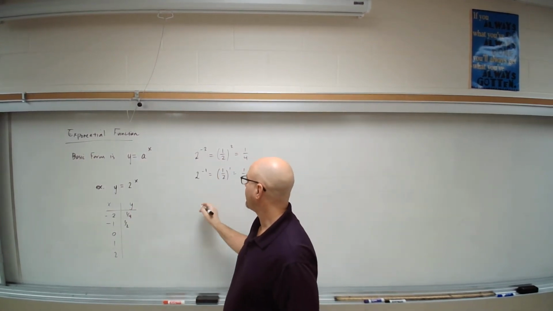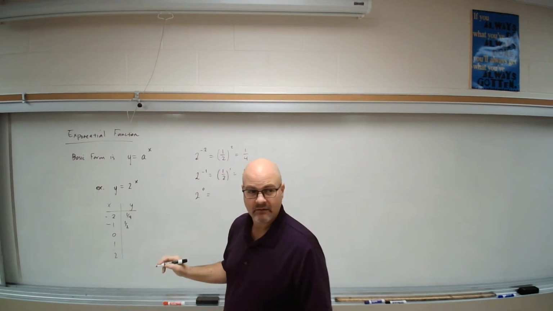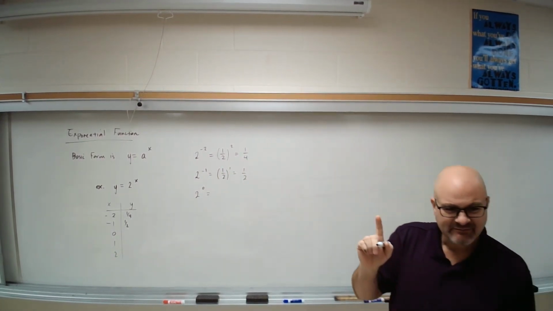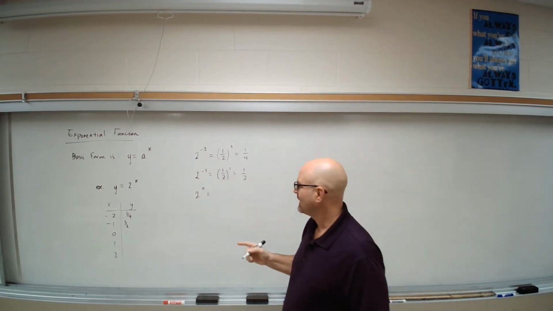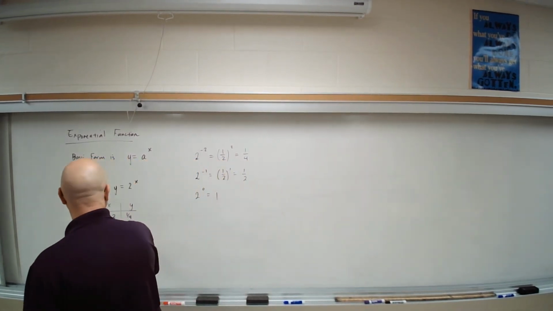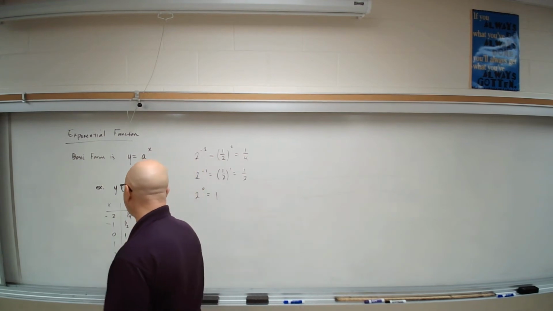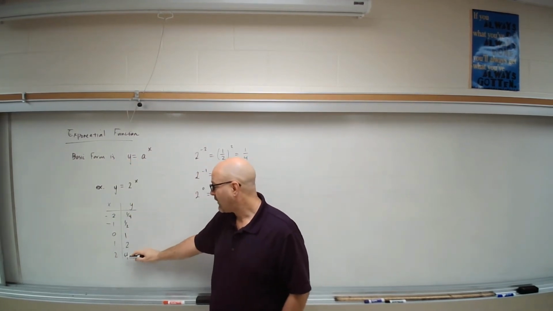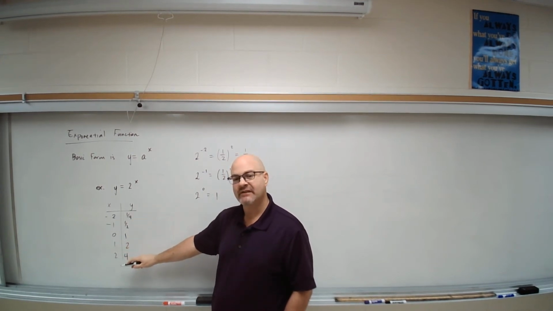What do you think 2 to the 0 is? What's anything to the 0? Yeah, it's actually 1. It's strange, but it is. And then 2 to the first, and 2 to the second. What I want to point out is that all the y values are positive numbers, aren't they?